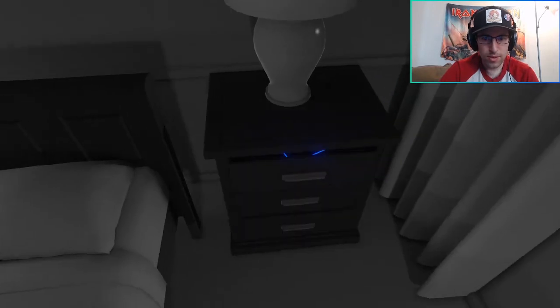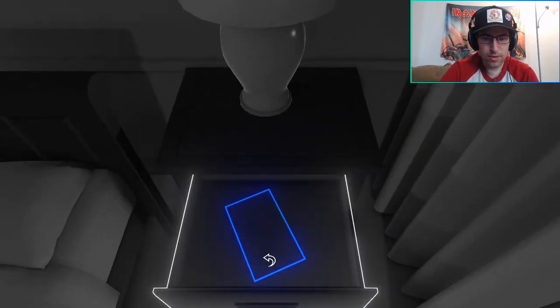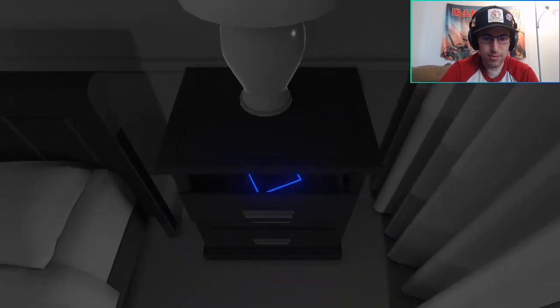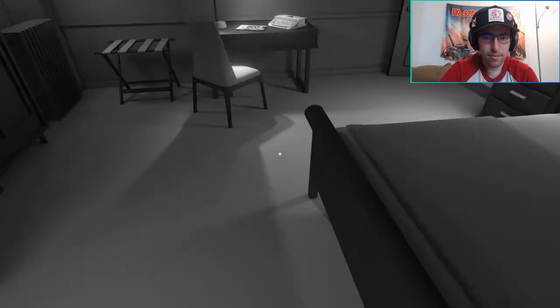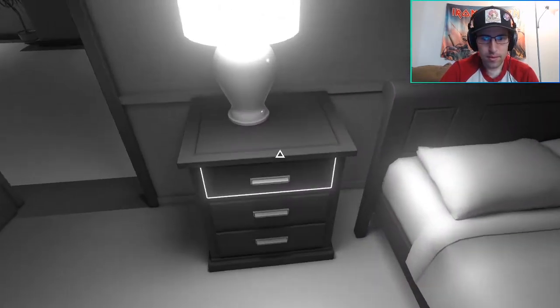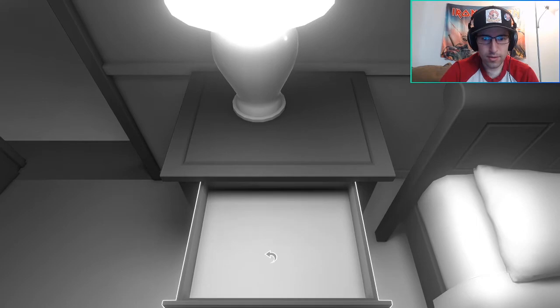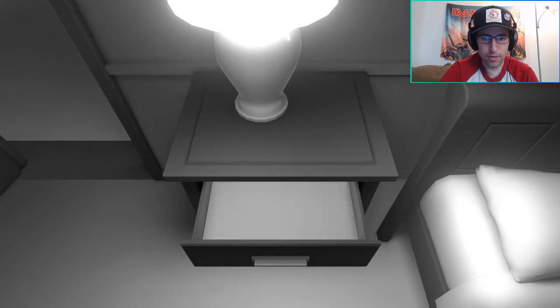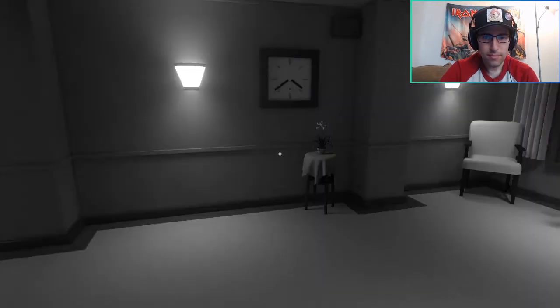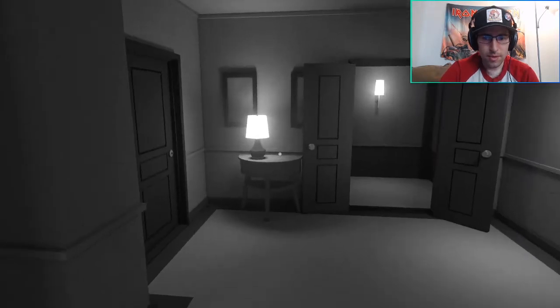I already know there's nothing in here. I mean, there's this blue thing, but the blue thing doesn't do anything. I can't grab it. And if I look in here, there's nothing to grab in here. So I'm literally at a loss.